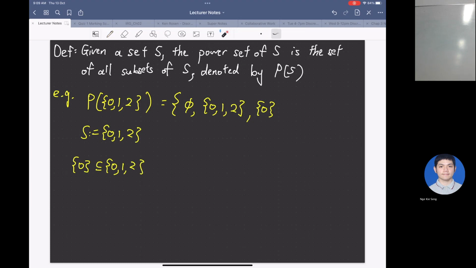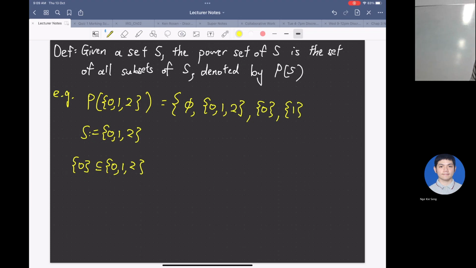You need to check by definition that every element here is an element on the right hand side. What other subsets do you have?